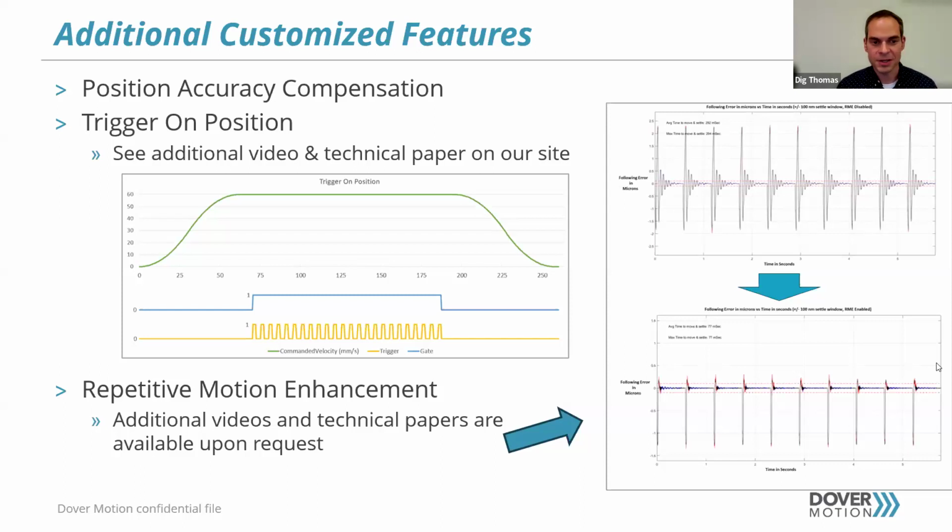Lastly, repetitive motion enhancement. This is an extremely powerful algorithm and capability that we have. So if you look on the right, you can see at the top a series of steps and settles. And what you're seeing that looks like somebody took a sledgehammer and hit the table, that's the positioning.